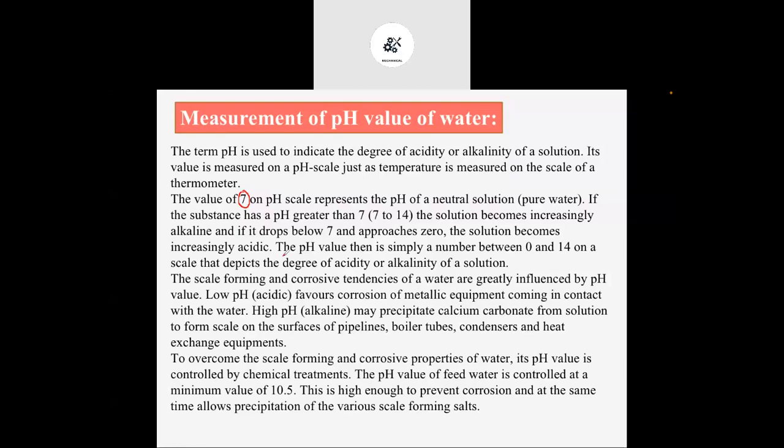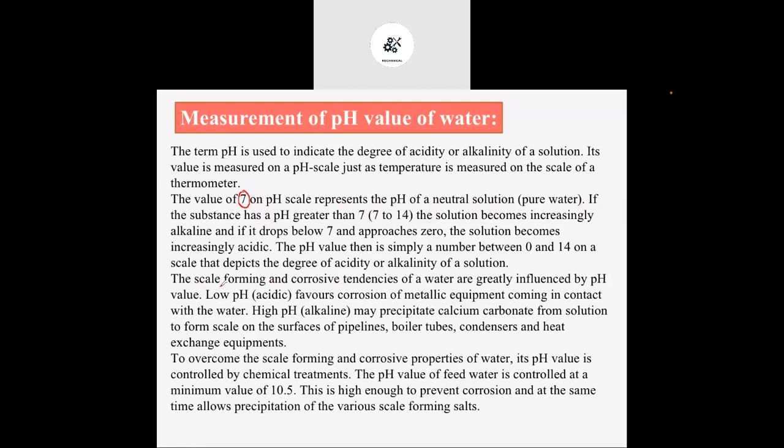Similarly, there are the pipes carrying steam, the feed water, and the different tubes inside the condenser, etc. If the feed water is too alkaline or too acidic, it will affect the construction material, and indirectly it will affect the life of the power plant. The pH value is a simple number between 0 and 14 on the pH scale, which indicates the degree of acidity or alkalinity of a particular solution.